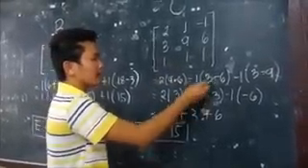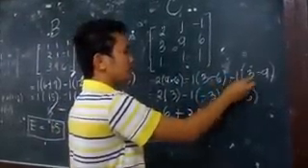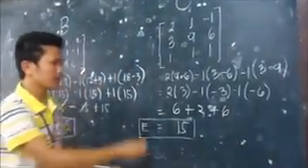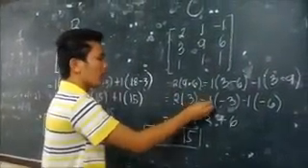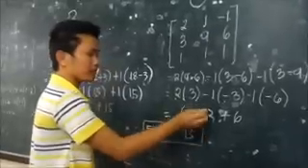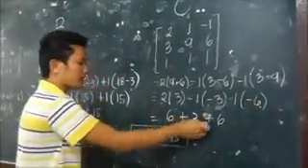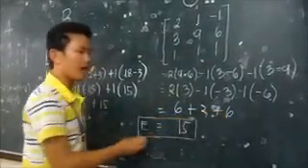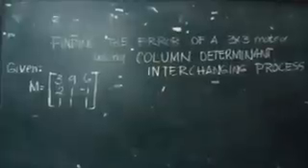Minus 1, 3 minus 6, we have negative 3. Negative 1, 3 minus 9, we have negative 6. Multiply 2 times 3, we have positive 6. Negative 1 times negative 3, we have positive 3. And negative 1 times negative 6, we have positive 6. Simply add 3 plus 3 plus 6, we have the last error is positive 15.